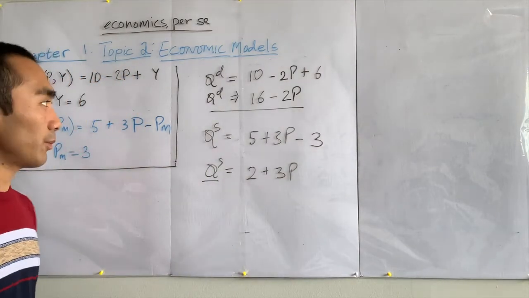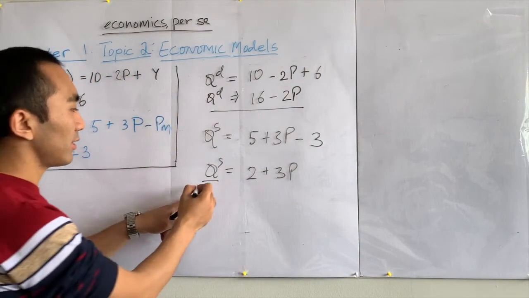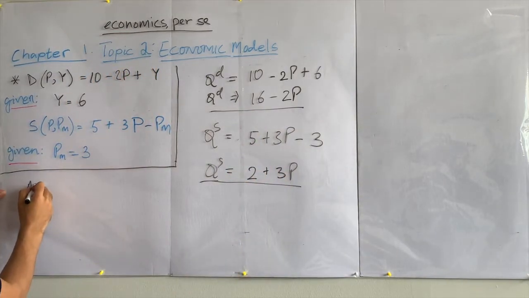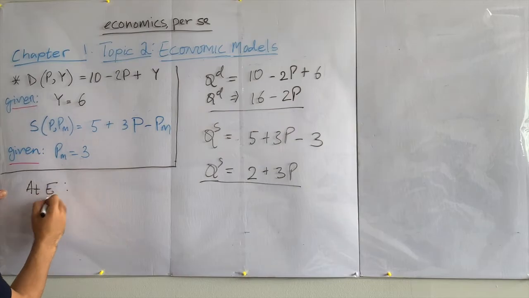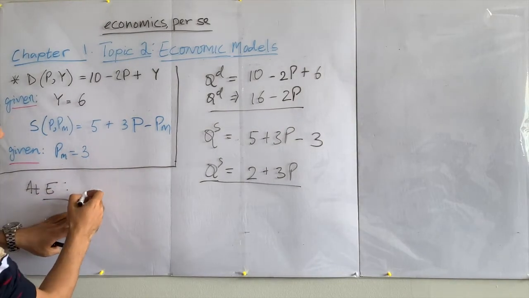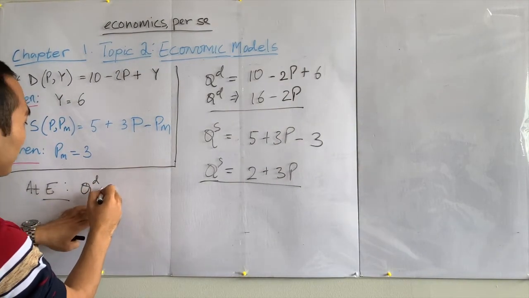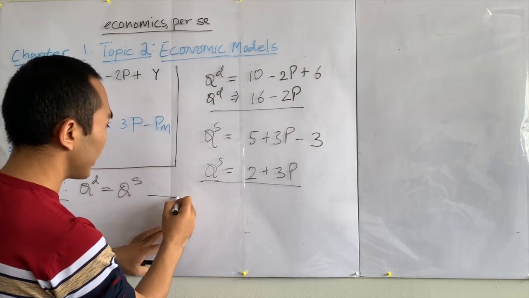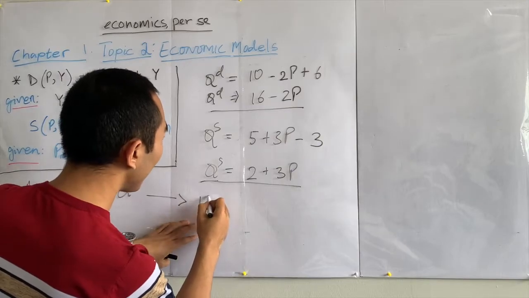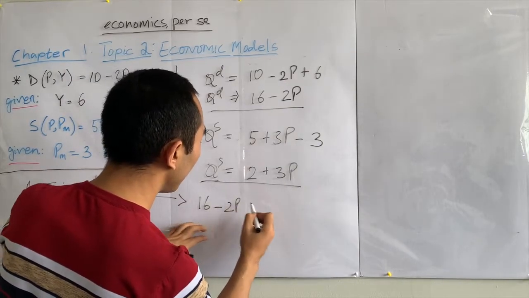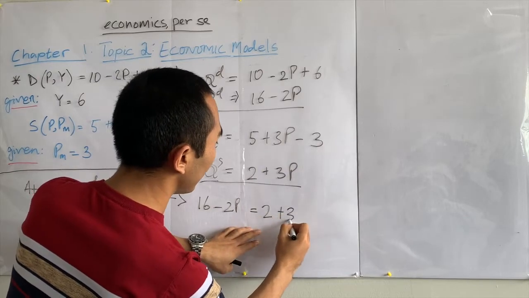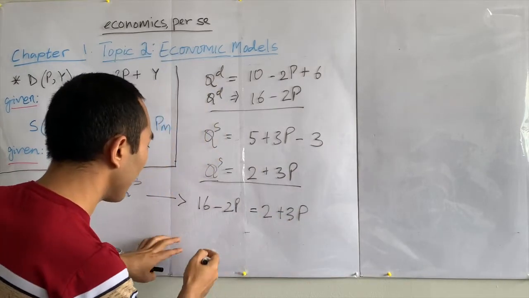Now at equilibrium, we have to set quantity demanded equal to quantity supplied. So let's say at E being equilibrium, we set quantity demanded equal to quantity supplied. Doing that here, we have 16 minus 2p, setting that equal to 2 plus 3p.